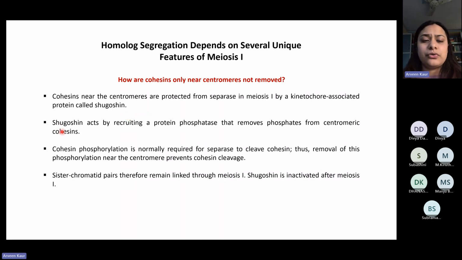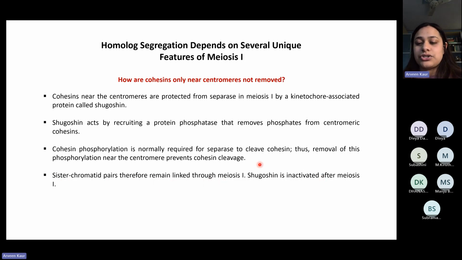Shugoshin acts by recruiting a protein phosphatase that removes phosphates from centromeric cohesins. Cohesin phosphorylation is normally required for separase to cleave cohesin. But now, since this phosphorylation has been removed, cohesin cleavage is prevented near the centromere. The sister chromatid pairs therefore remain linked through meiosis 1.